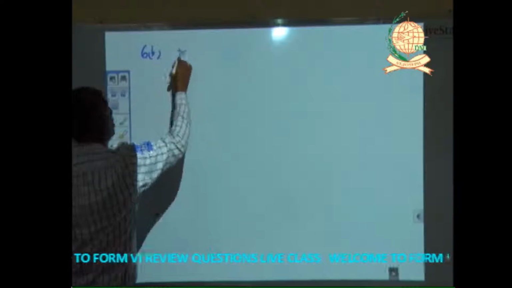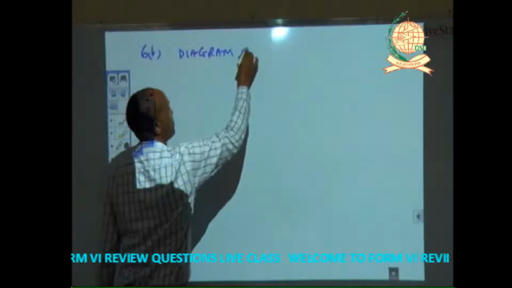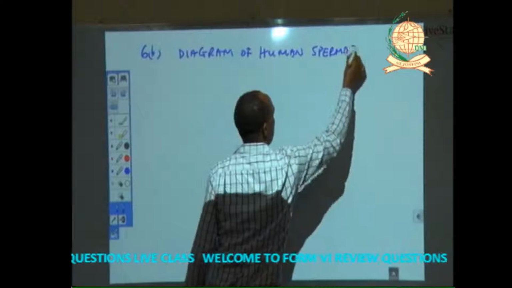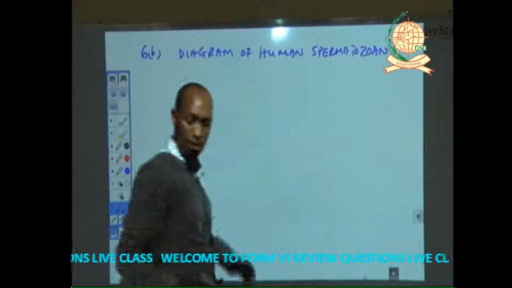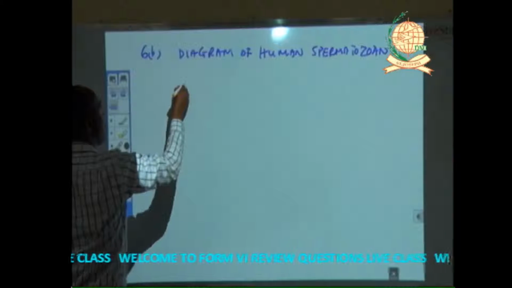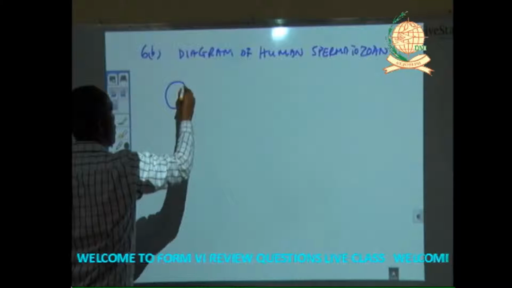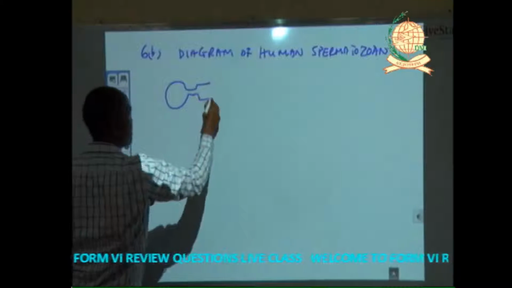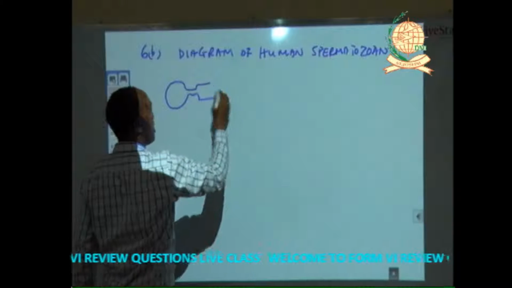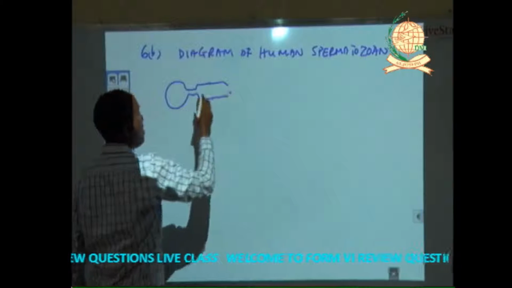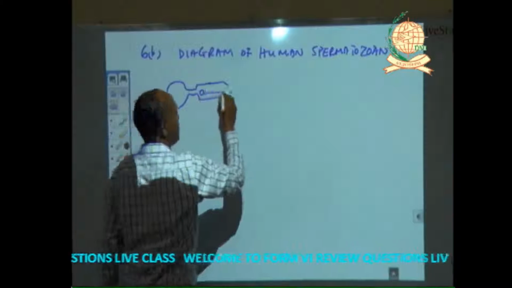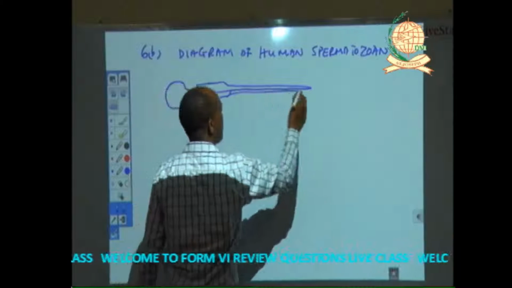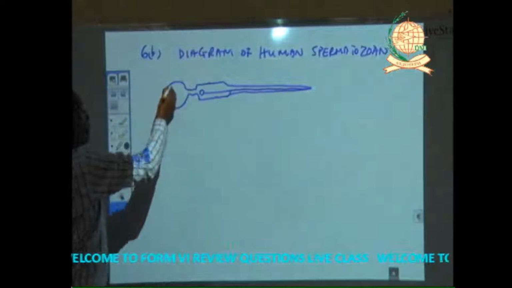The diagram of human spermatozoa will look like this.